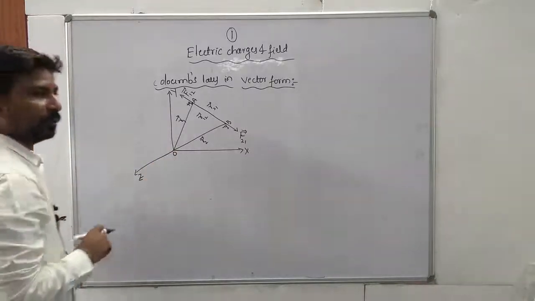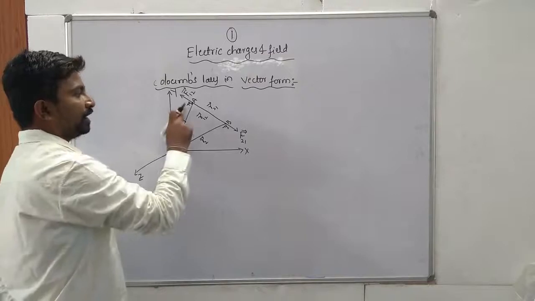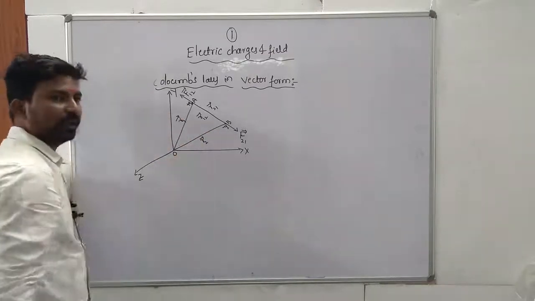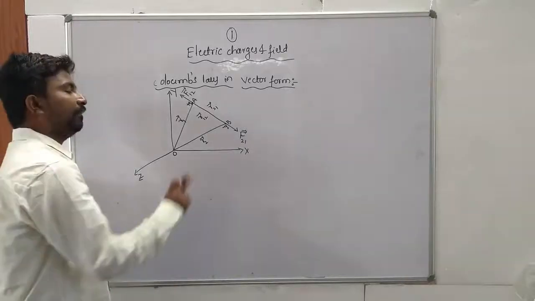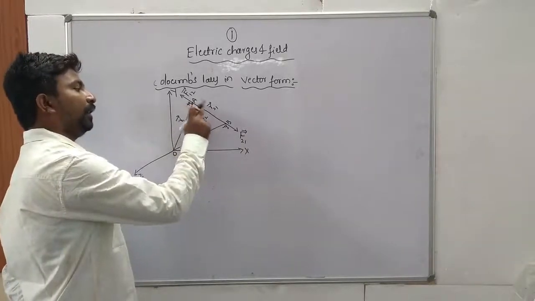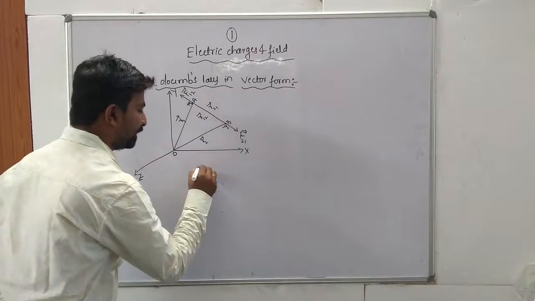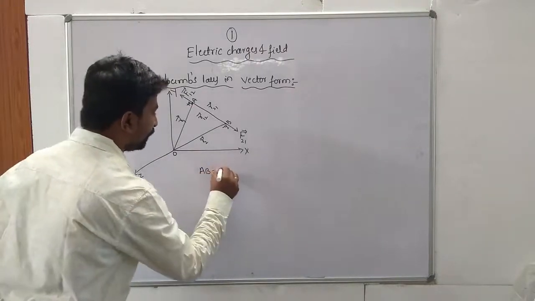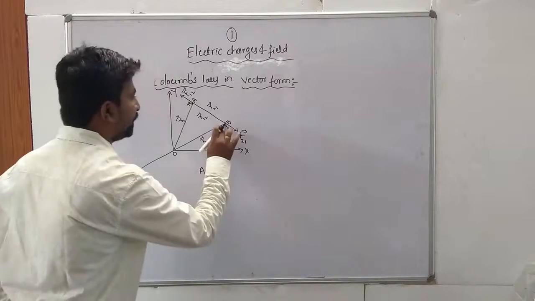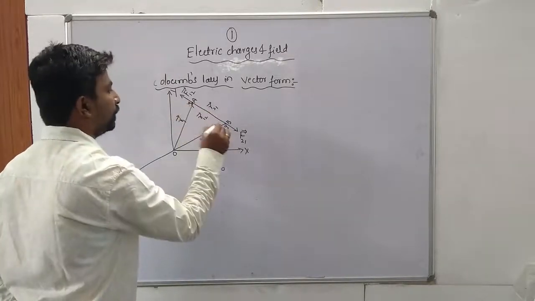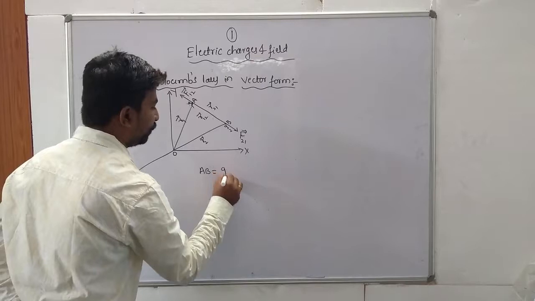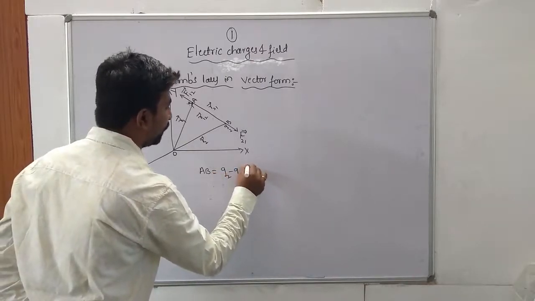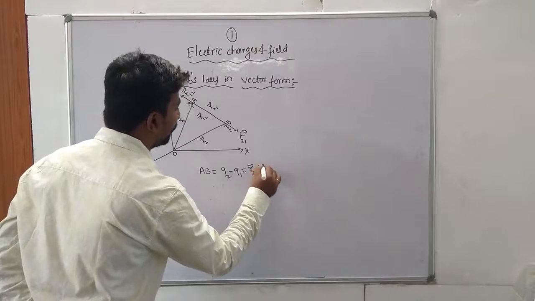So let the position vectors of the two point charges plus Q and minus Q be R1 and R2 respectively. The vector is leading from A to B. So AB is equal to, this is Q1, this is Q2, so Q2 minus Q1 is equal to R2 minus R1.